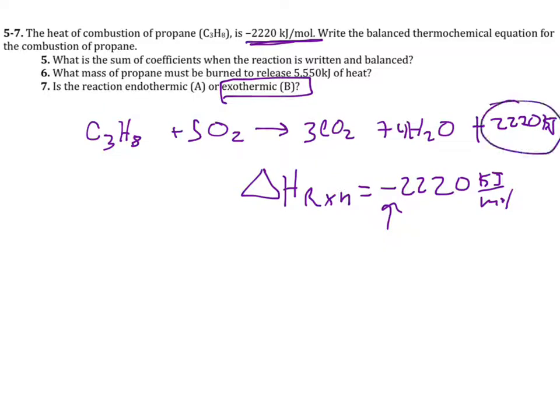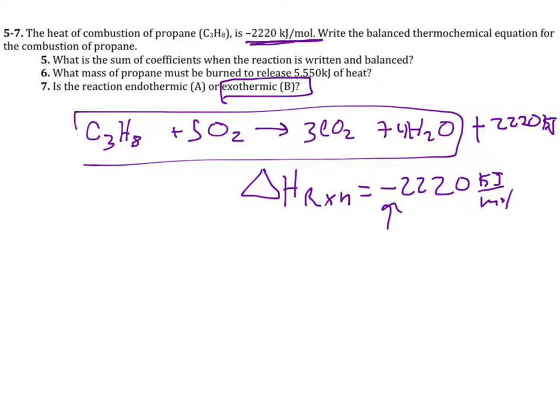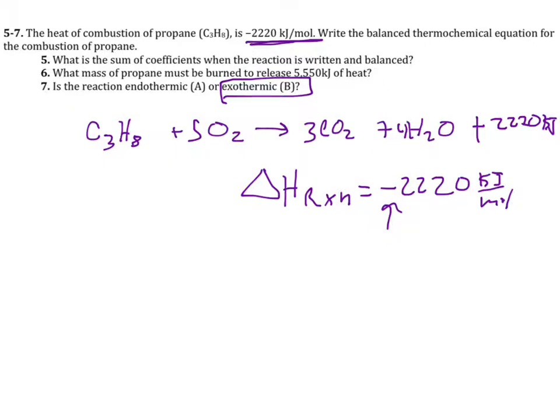That energy is just part of the product. It's saying that a release of energy is a product of this reaction. So keep in mind that when we write it within the thermochemical equation, we still say plus 2,220. When we write it outside, we say that the change in enthalpy is a negative change in enthalpy. And that just tells us that it's exothermic.